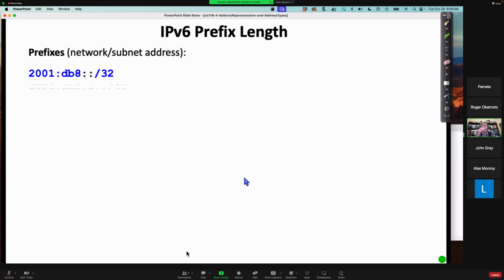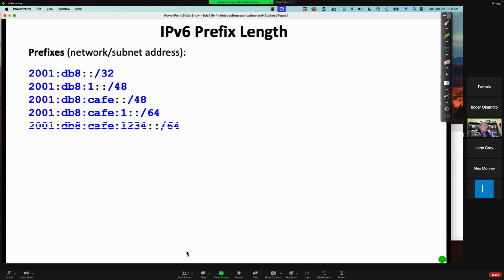Okay, so prefixes. Here's some different prefixes. Now, I said typically we're going to be using /64. So the first four hextets are the network portion. But why would we see some of these others? We'll talk about that because I alluded to this already.